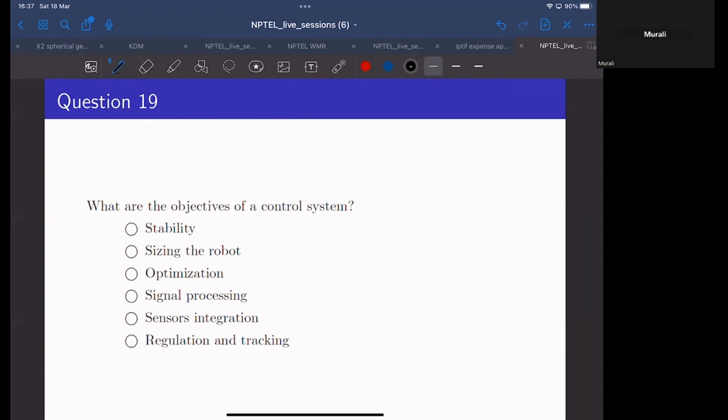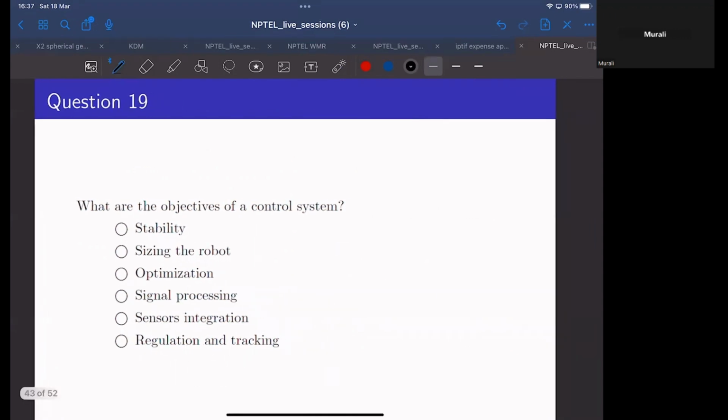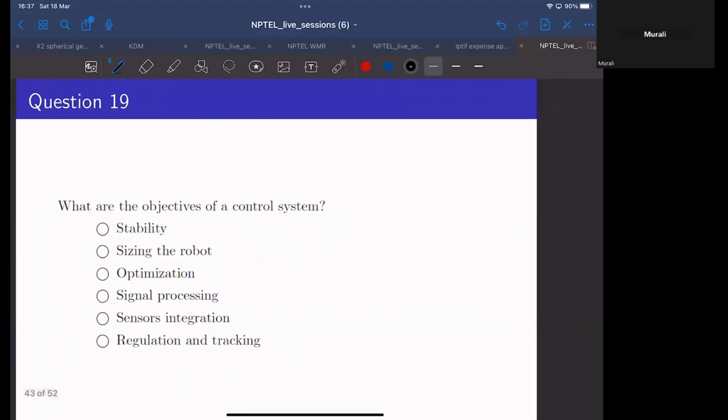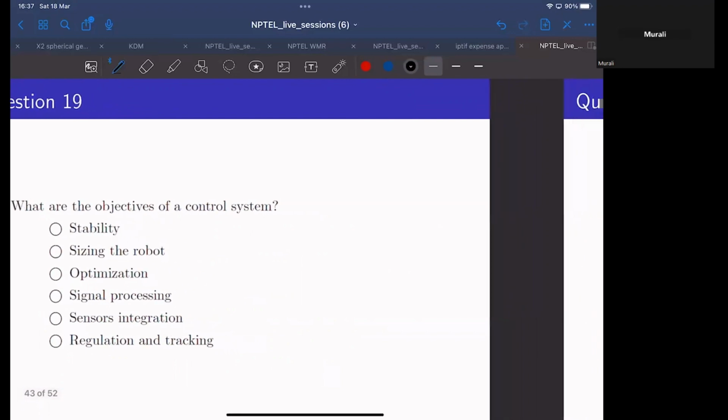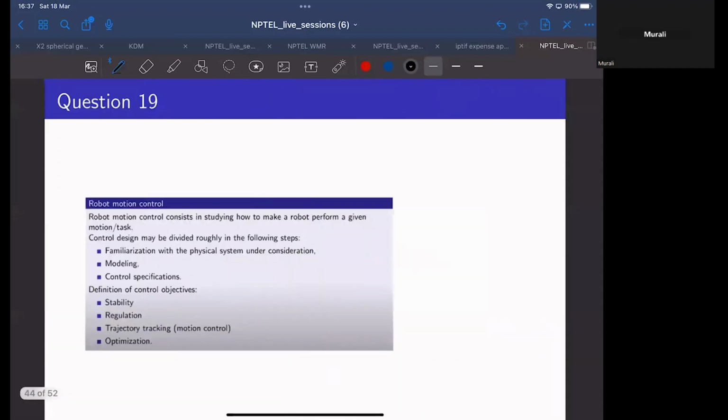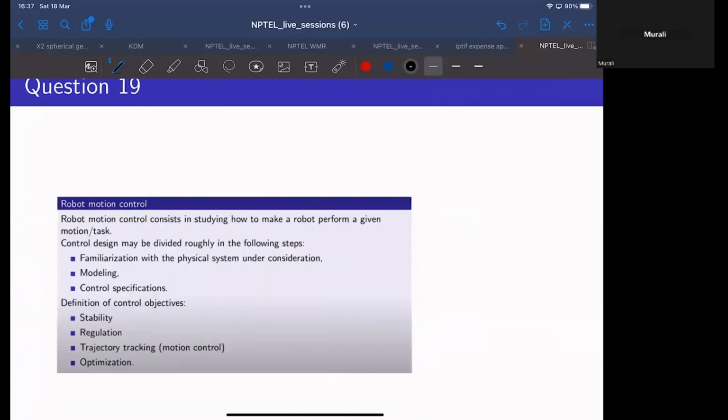If I'm recalling a slide from one of the introductory lectures on motion control, the control objectives are given as stability. We would want the controller to be stable. As time tends to infinity, the error should asymptotically tend to 0, irrespective of the initial condition.